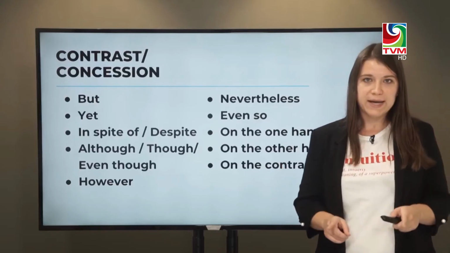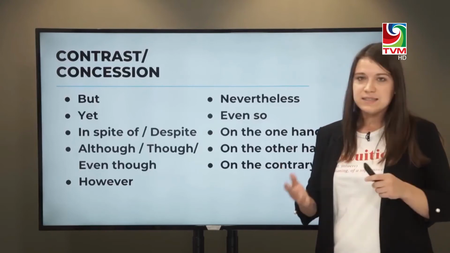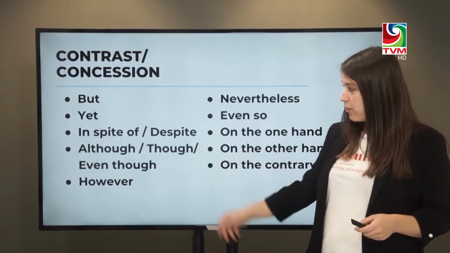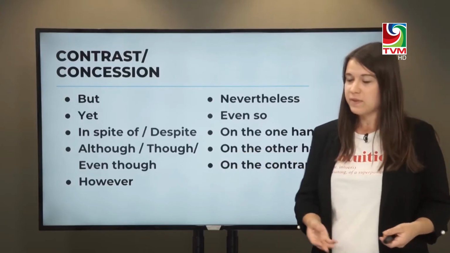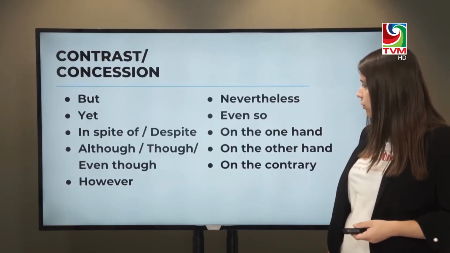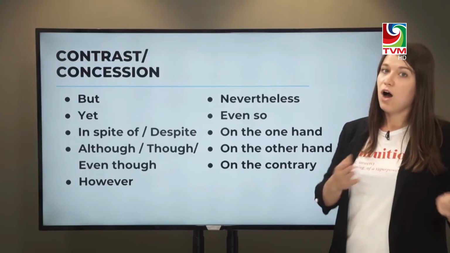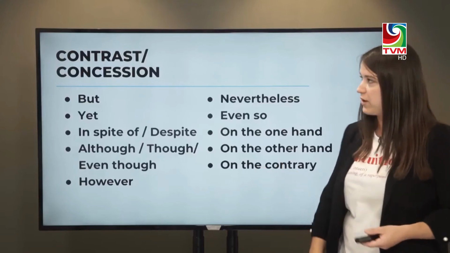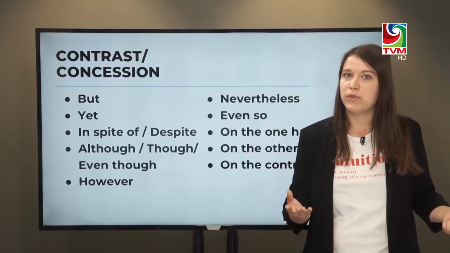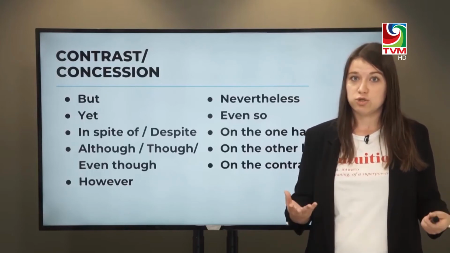Okay, so we have but, yet, in spite of or despite, which are synonyms, although and though, or even though, however, nevertheless, even so, on the one hand, on the other hand, and on the contrary. Okay, so here we'll have a sentence where two different things or multiple things are being compared or contrasted.